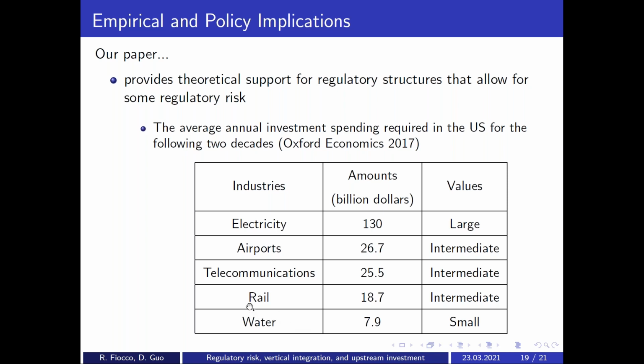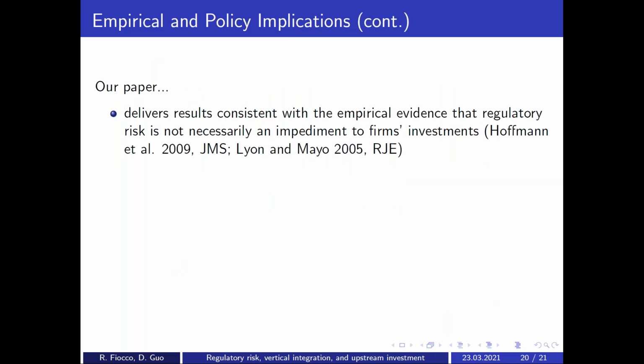And in light of our result that the regulatory risk is optimal in sectors characterized by intermediate investment costs, we suggest that some level of regulatory risk is likely to be welfare enhancing in sectors such as airports, telecommunications, and rail.